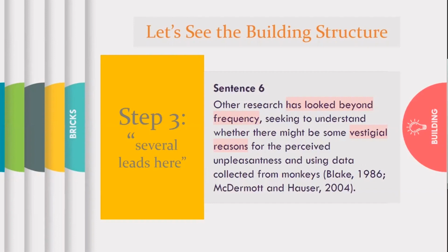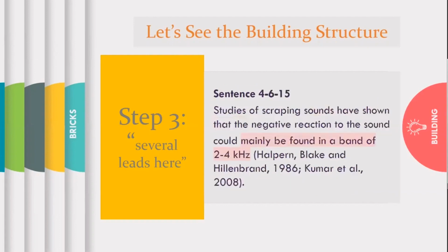So there could be some vestigial reasons, and this particular claim is made with an evolutionary reason, like comparing it with monkeys or apes, they also find the same thing unpleasant. So that's the logic that was brought on board. So one is talking about only frequency. That's one lead.